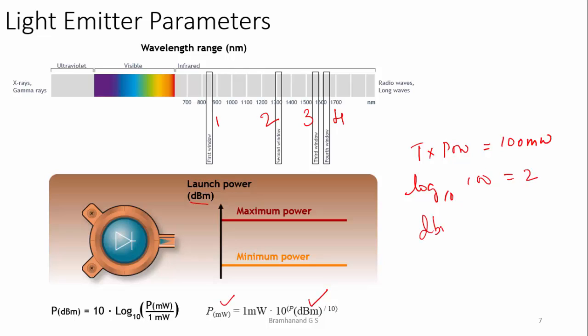So my dBm is equal to 20 dBm corresponding to 100 milliwatts. Because in optical transmission we always talk in terms of milliwatts, micro and nanowatts, it is very difficult to represent it in microscopic milliwatts or microwatts. Instead, it is very useful if we represent it in terms of dBm.